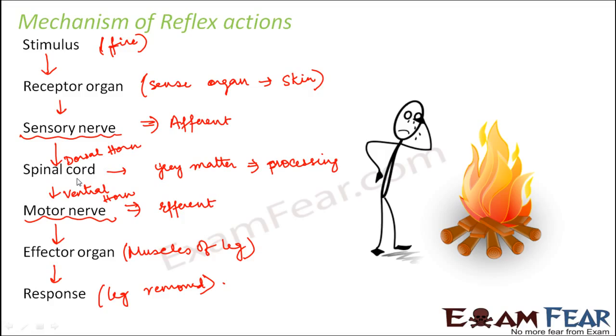So if you think of a scenario like this, the brain is like the principal of the school. The principal knows all about what is happening inside the school. But at the same time, for a particular class, you have a class teacher who takes care of all the needs of that particular class.